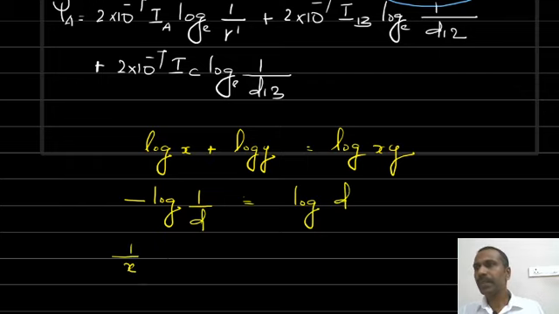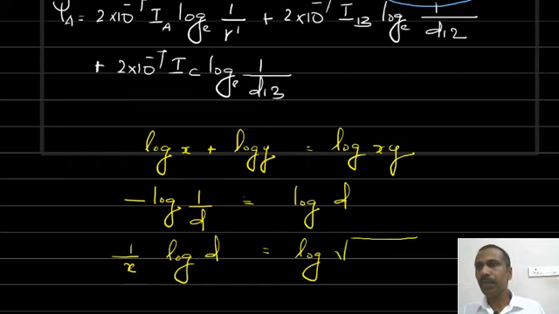Then 1 by x log d can be written as log of the xth root of d. So these formulas will be useful while deriving the inductance of composite conductors.